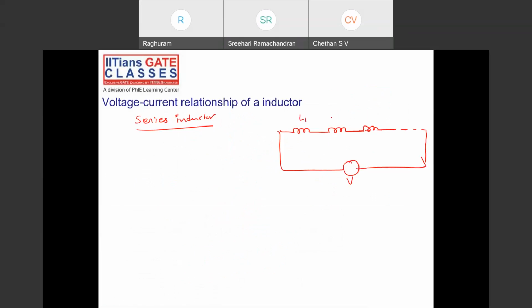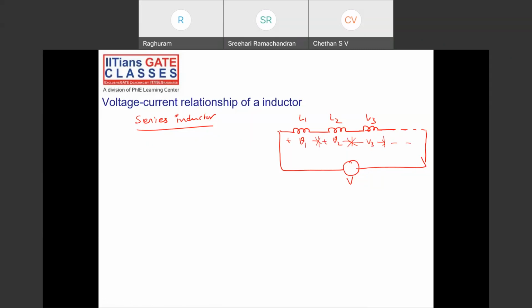So this is L1, L2, L3, with voltages V1, V2, V3, and so on.